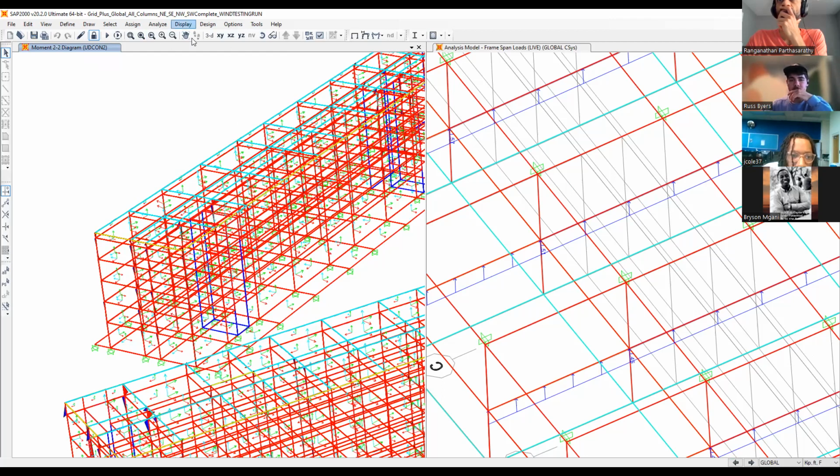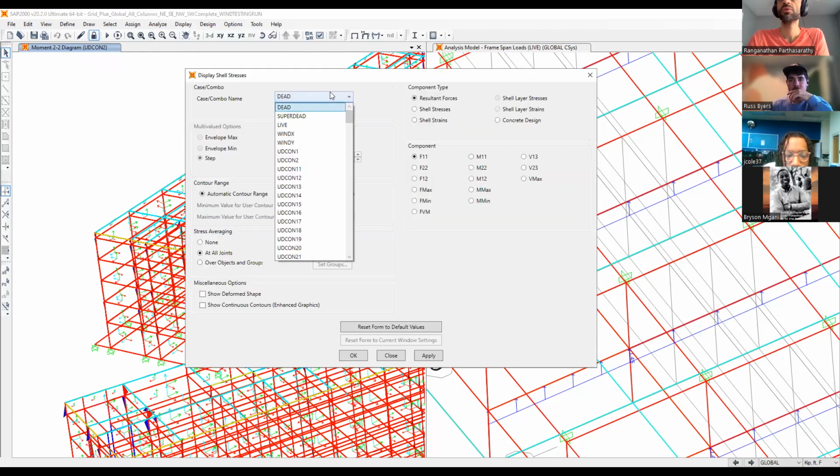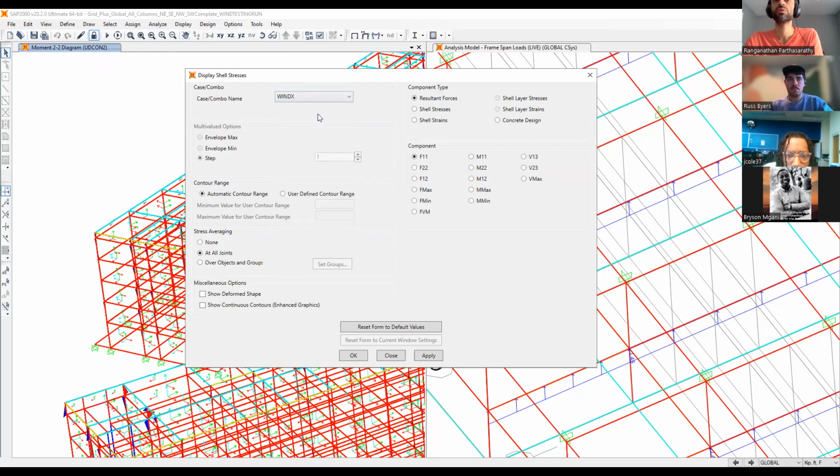Yeah, maybe show shells. Oh yes, display.